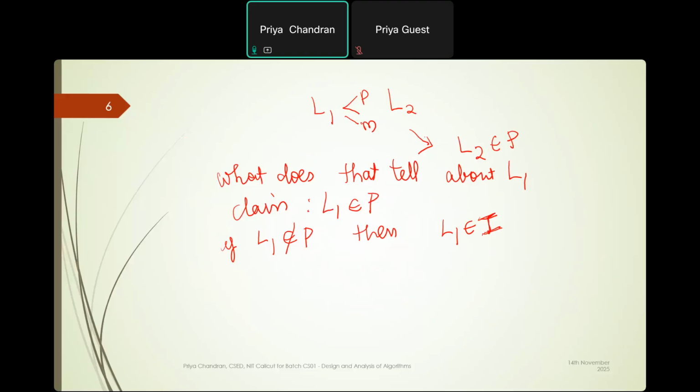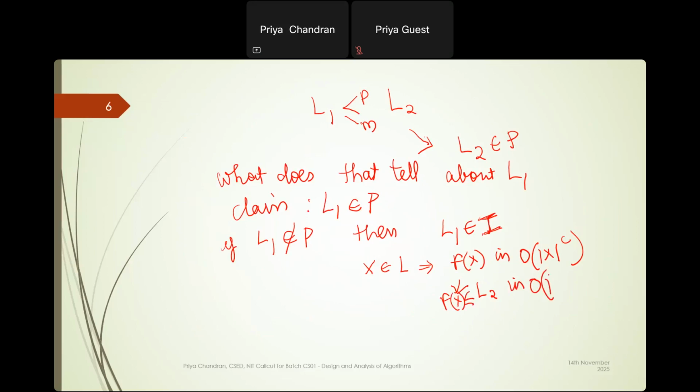Then it would mean that because L1 is polynomial time reducible to L2, if we take an x to be solved, this can be converted to f(x) in order of x raised to c1 time, and then L2 can decide f(x) in order of x raised to some other constant c2 time.